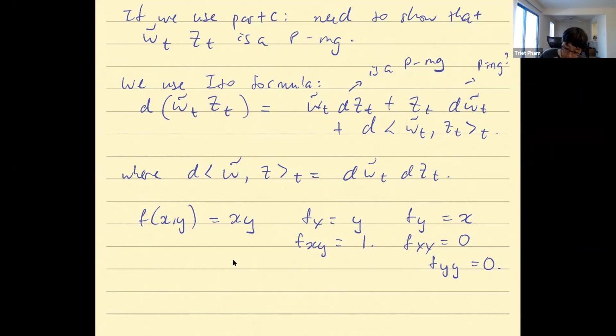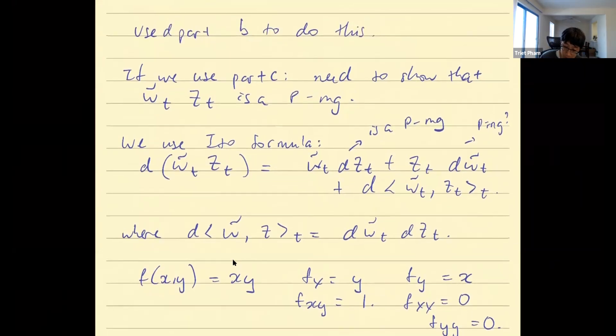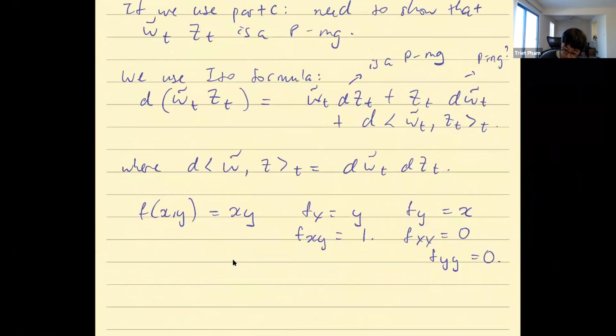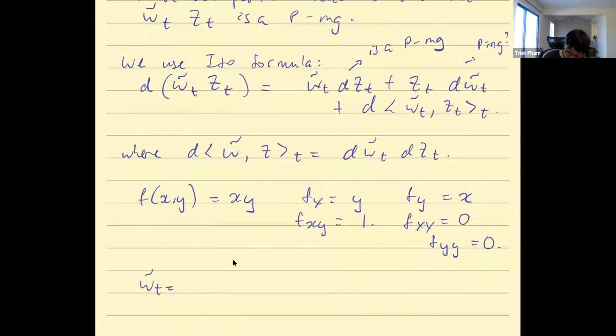So to answer that question, is W tilde a P martingale? Remember, P is our original physical probability. W tilde is W plus theta. So is W tilde T a P martingale?